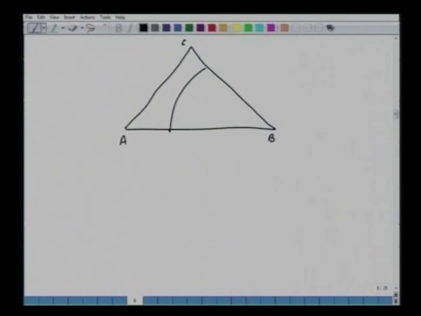Okay, let's redraw again. So we have A, B and C. We have this phase, we call it H. Just mark a line here, say this L. Very similar to the previous case, now we choose any mixture here which will contain A plus B plus C, all 3.